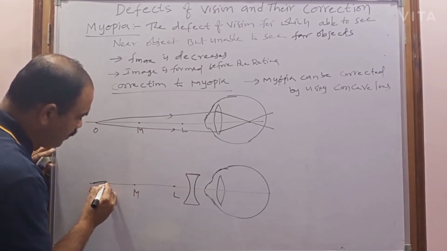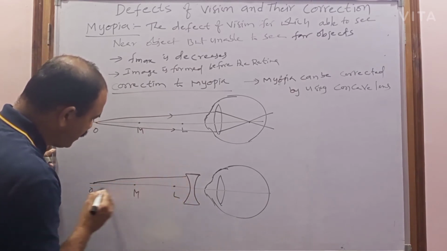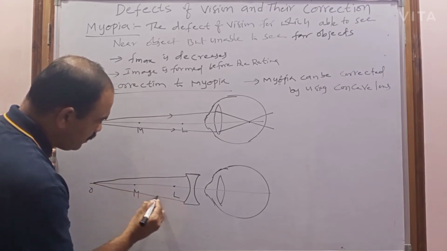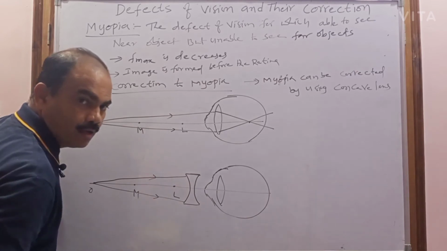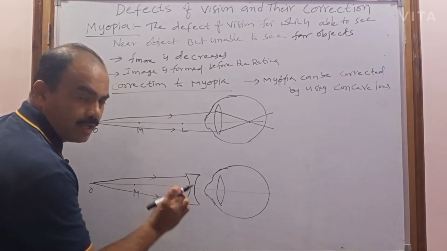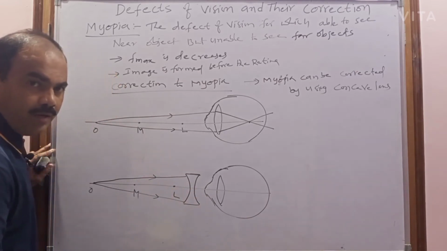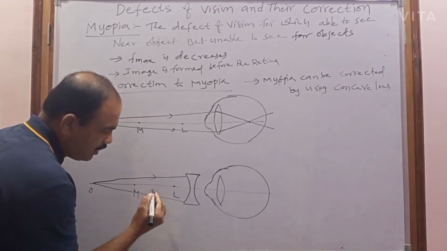Then what happened? Now these are the rays which are coming from the object, incident on the double concave lens or biconcave lens. So then what happened? After refraction, now the image is formed. This is the image. This image will be considered I1.